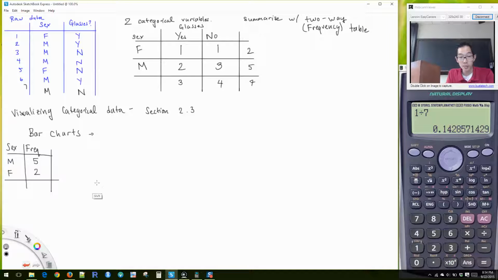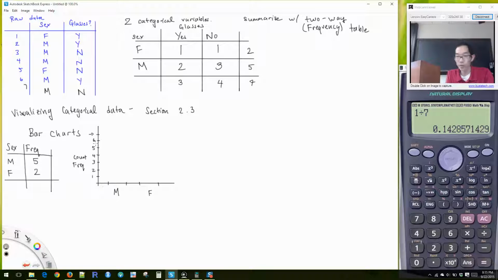With a bar chart, all I do is create a bar for males and a bar for females, and I have a vertical axis showing the count or frequency, depending on what word they use. This would be numbered to show how many people.